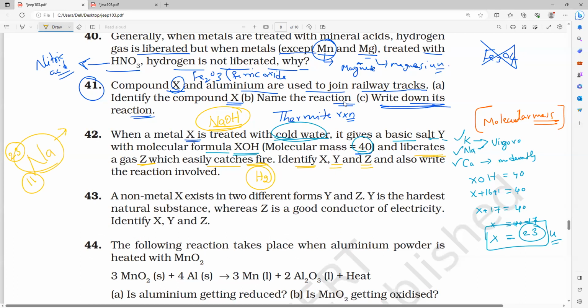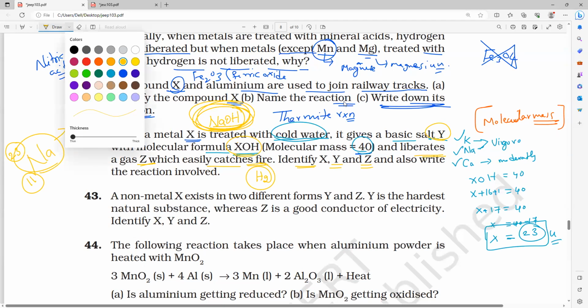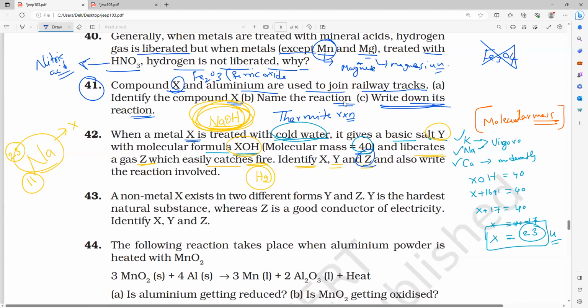What is X? Sodium. And what is salt Y? Already identified: sodium hydroxide. And next, identify Z. Hydrogen gas. Understand how beautifully I solve mathematically.